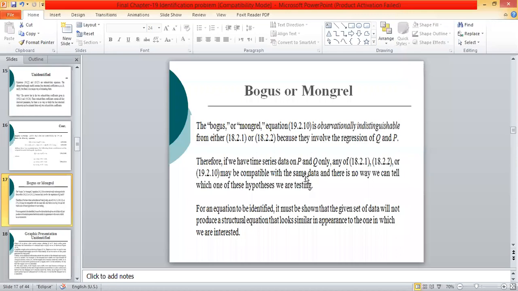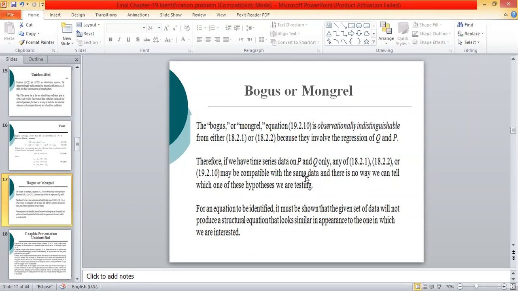And there is no way we can tell which of these hypotheses we are testing, because the same data set can be used to test the demand model, the supply model, and the bogus equation.